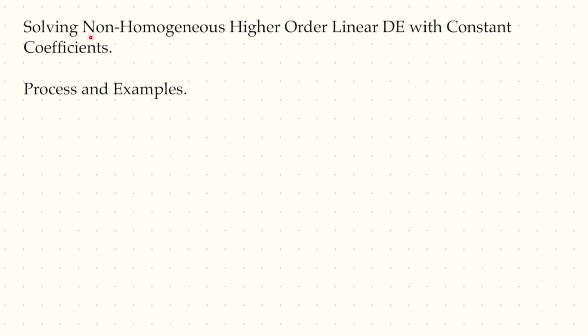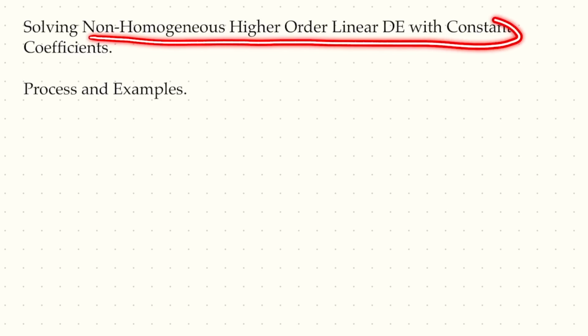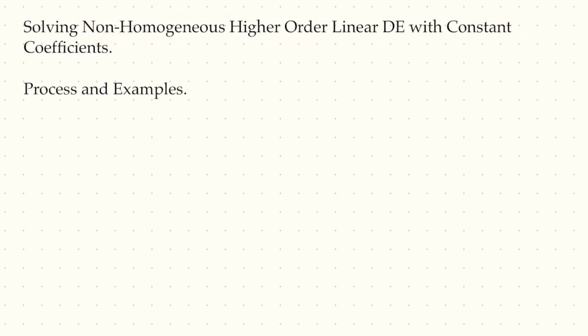So in solving a non-homogeneous higher order linear differential equation with constant coefficients, this is the process. Suppose you have a differential equation given to you, let me make it up: a_n y^(n) plus a_(n-1) y^(n-1) plus ... plus a1 y prime plus a0 y is equal to some function, let's just say h of x.